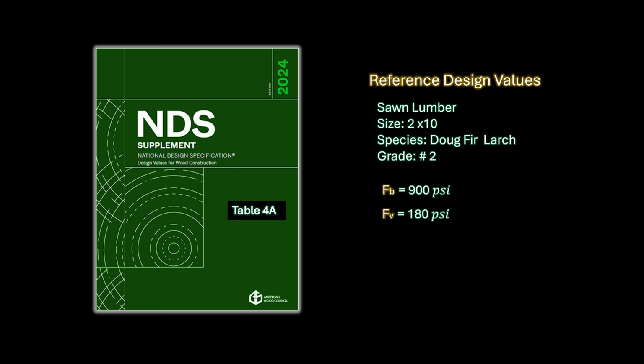The reference design value for compression perpendicular to grain is 625 pounds per square inch. The reference design value for the modulus of elasticity is 1,600,000 pounds per square inch. We will use this modulus of elasticity when calculating deflection. These are the reference design values that are based on normal load duration and dry service conditions.